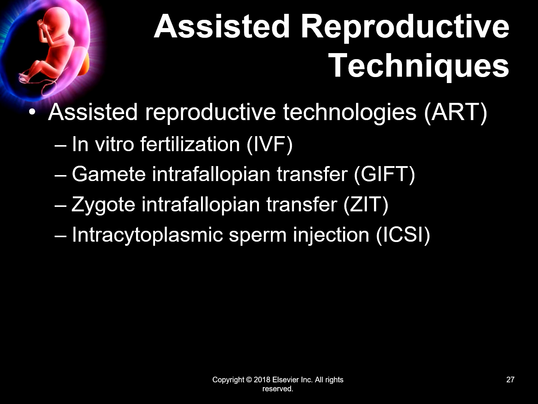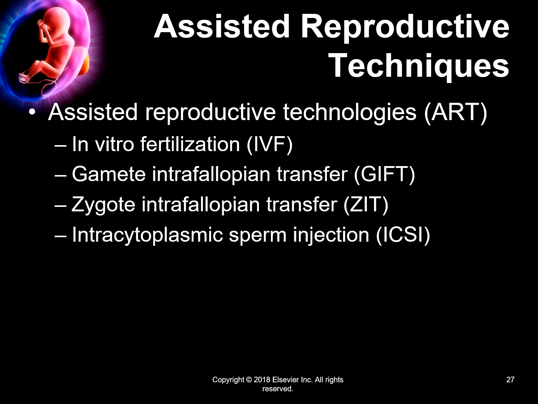The gamete intrafallopian transfer occurs, and the woman must have at least one patent fallopian tube for GIFT to be an option. The procedure begins in a manner similar to that of in vitro fertilization, using multiple retrieved ova and washed sperm.